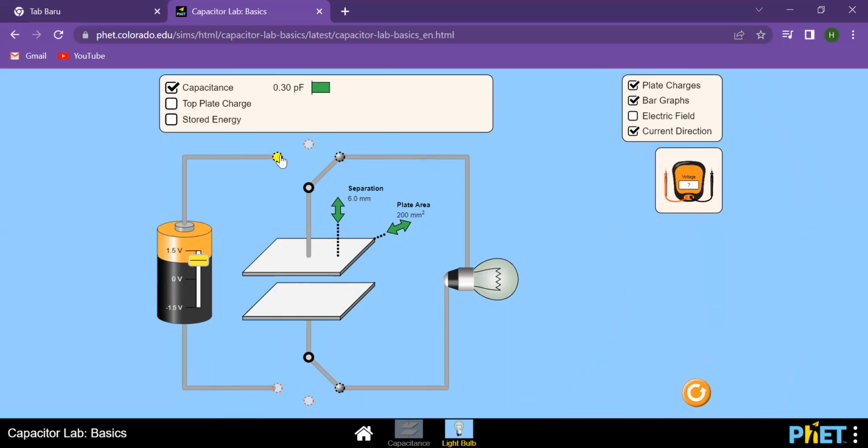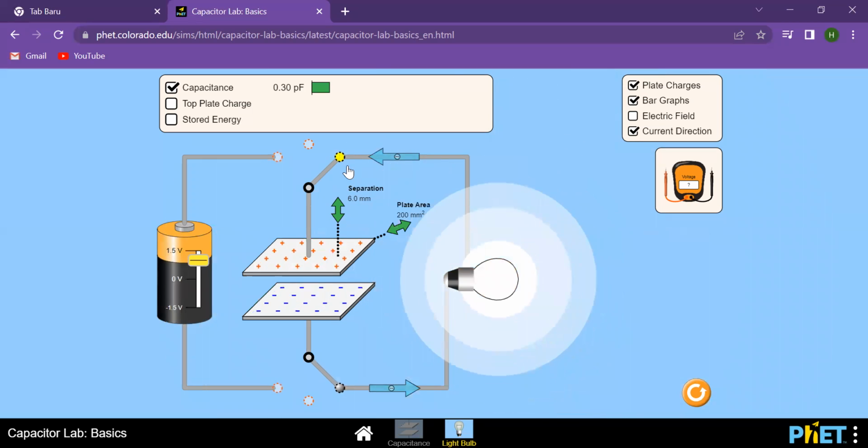Okay, again, it is already filled with the electricity charge. Now I will connect it to this light bulb. The implication is that more and more of the electricity charge on this plate will run out.